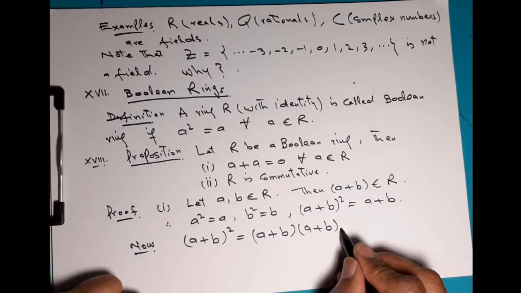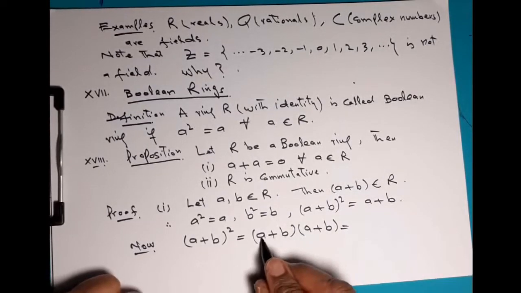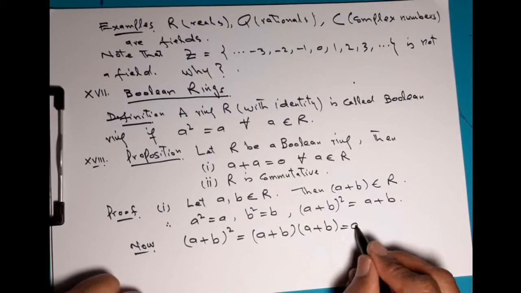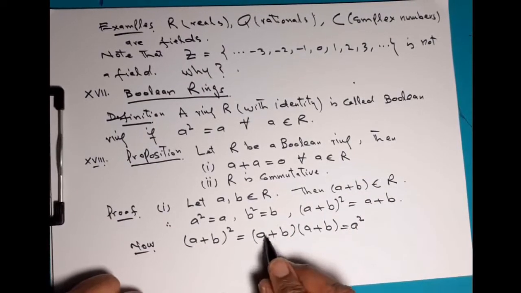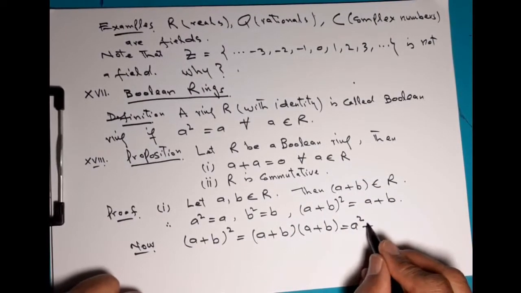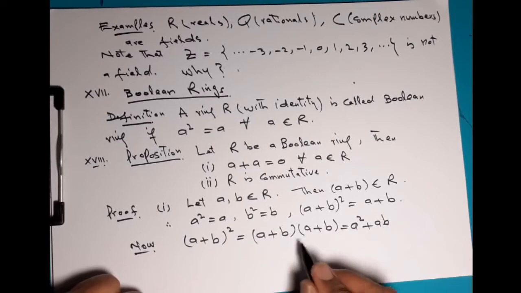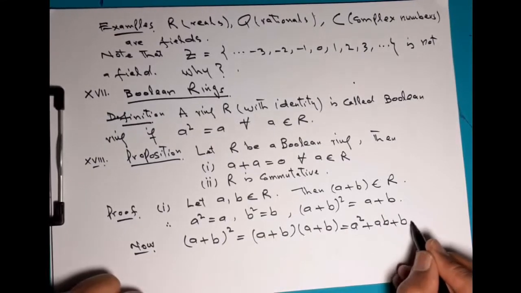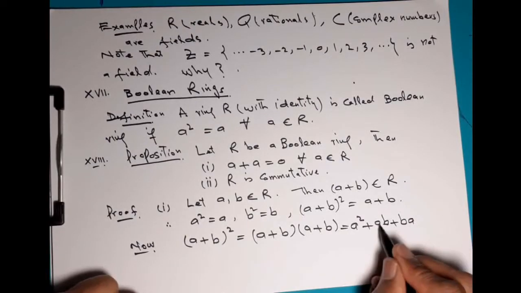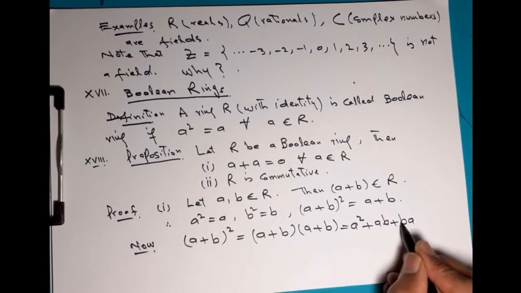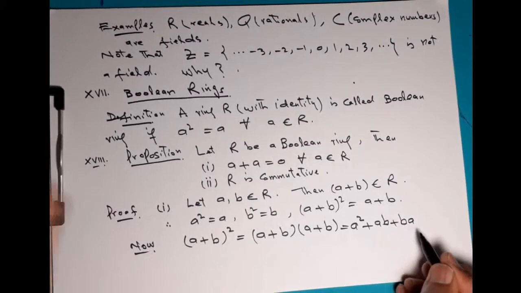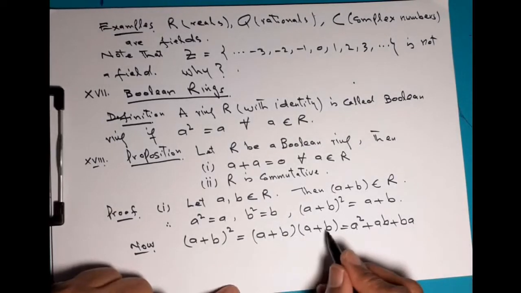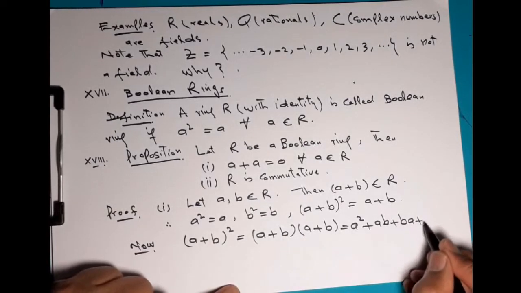So we have to be very careful about this multiplication. A multiplied with a is a square. A multiplied with b is ab. Then b multiplied with a is ba. We cannot write it as 2ab, because ab and ba may not be equal. And then b multiplied with b is b square.